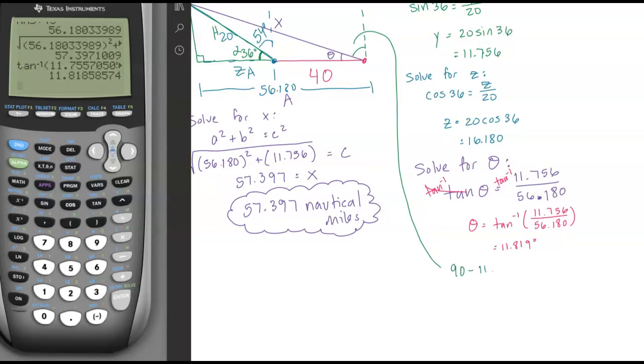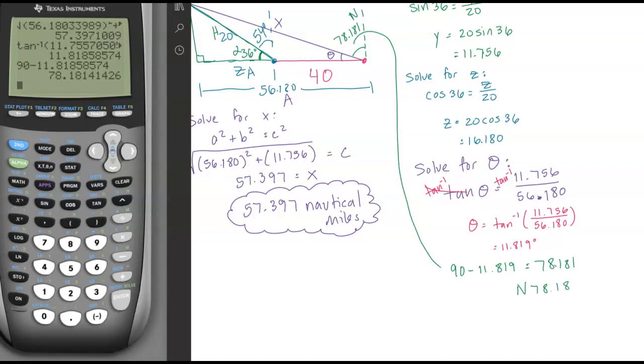So I'm going to do 90 minus 11.819 to get that this angle is 78.181 from the north line. It does not look like an N, I'm so sorry. From the north line to the west. So I put an N in front, 78.181 degrees to the west. And that's my bearing.